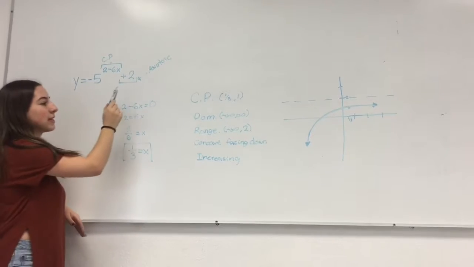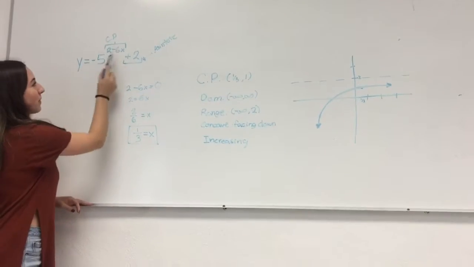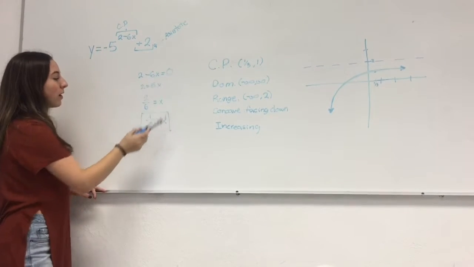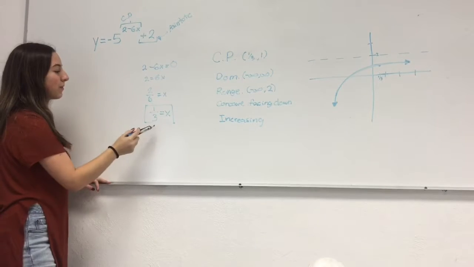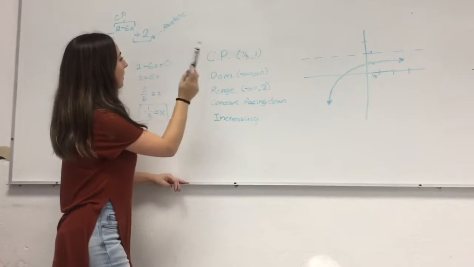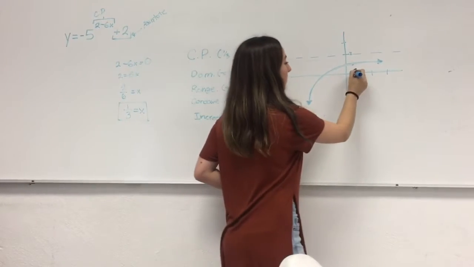The 2 indicates the asymptote, and we mark it here in the graph at the 2. This term indicates the characteristic point, and we equal it to 0, and then we simplify it and it gives us this. So we write 1/3, and it is here in the graph.